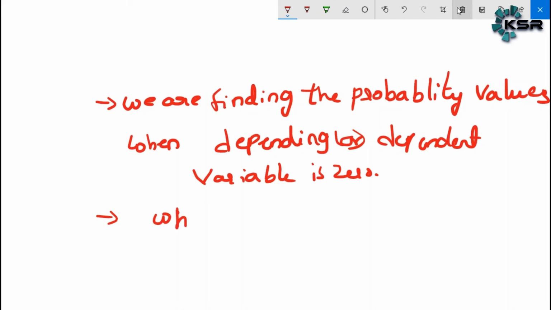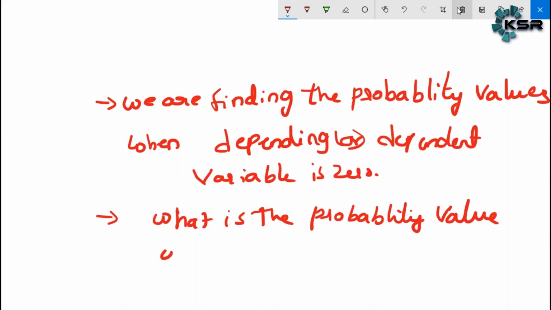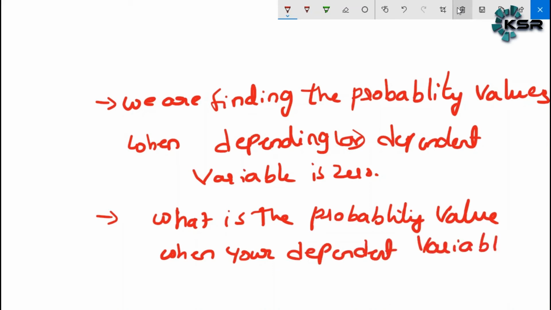Simply we can say what is the probability value when your dependent variable is 0 or 1.